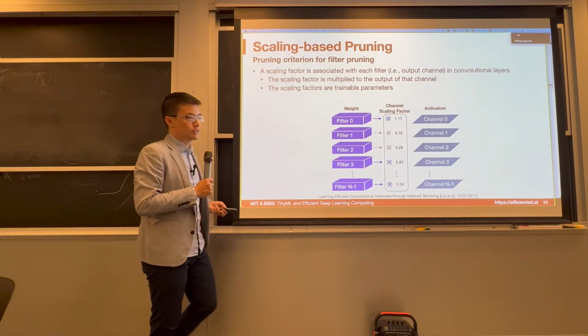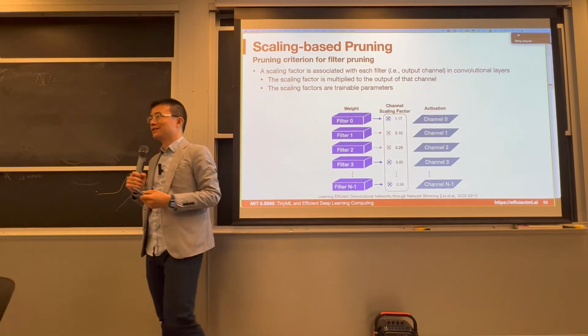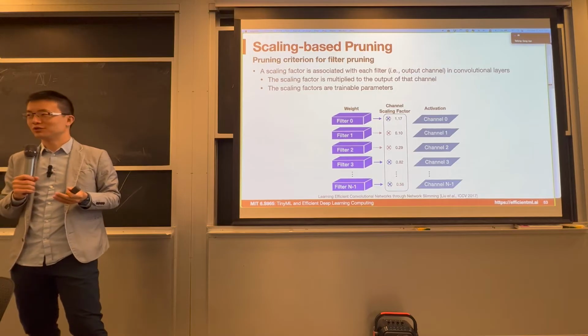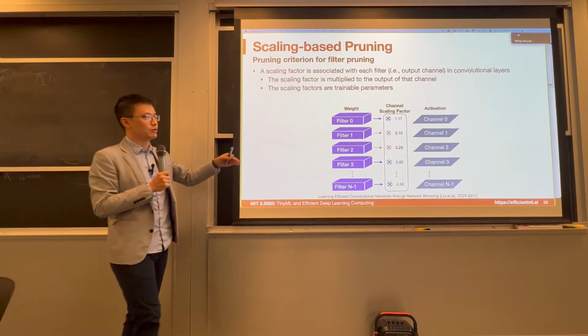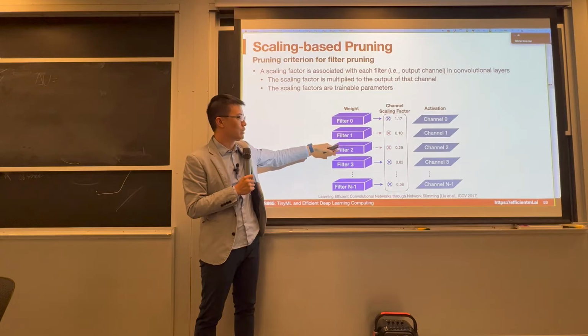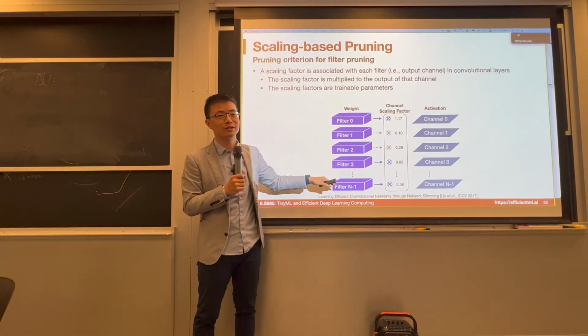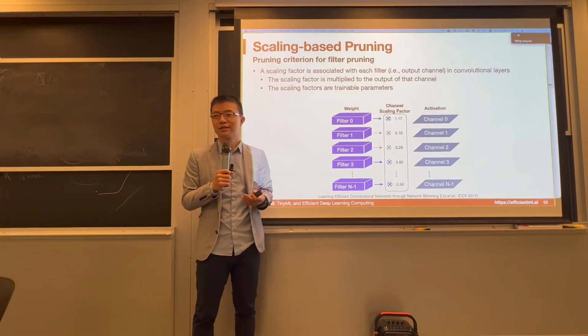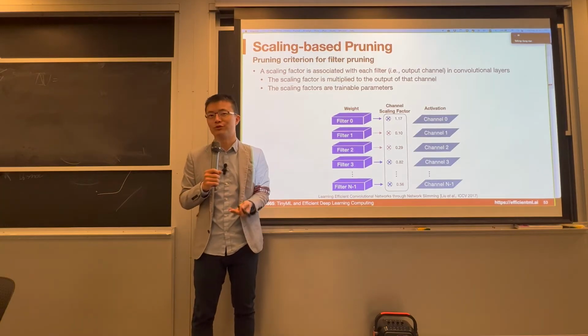Just now there was a question: during training, can we encourage the neural network to be more sparse? For example, during training time, we have different filters. We have N filters. Can we train them so that some of the filters can easily be pruned?